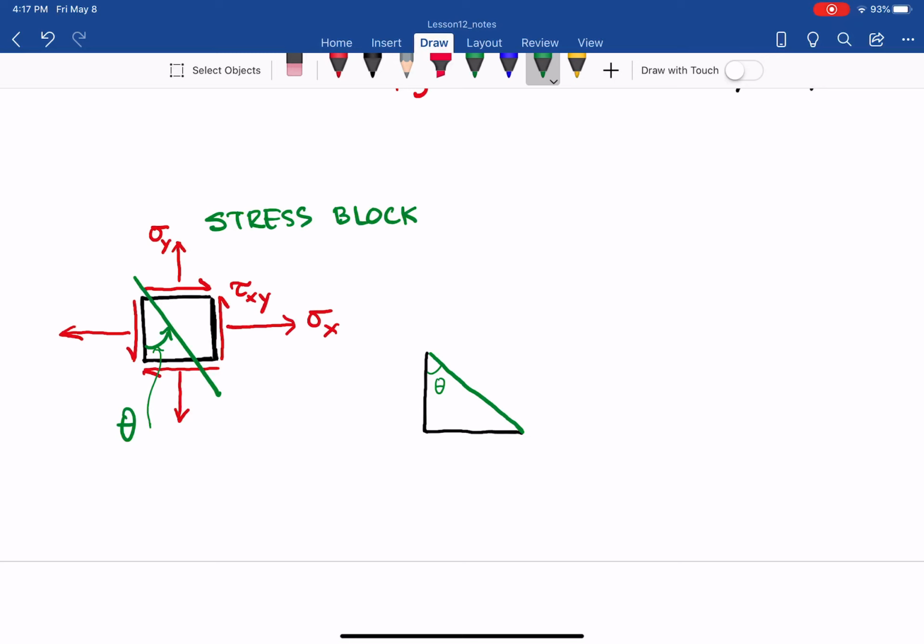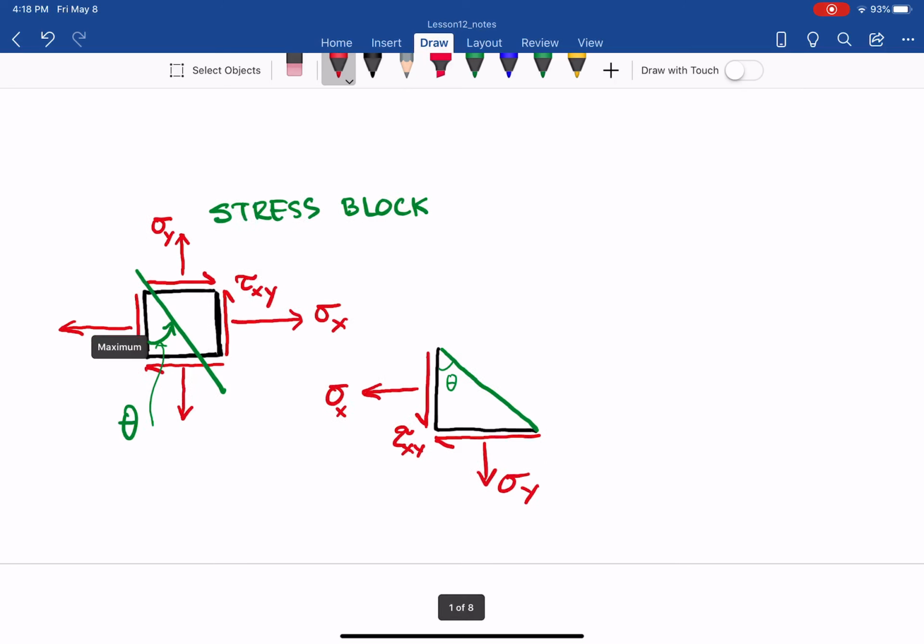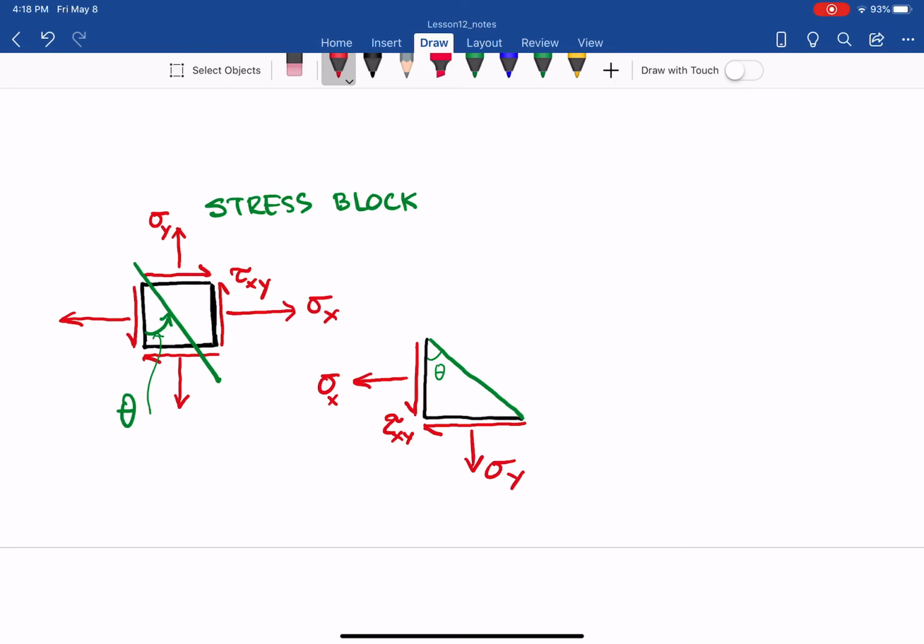Then on this side we have sigma x, and of course tau xy going down here, tau xy. And on the bottom, which is the negative y plane, the horizontal plane, we have tau and then sigma, in this case sigma y, because by equilibrium, sigma y goes up on the positive y plane, it has to be sigma y going down with the same magnitude.